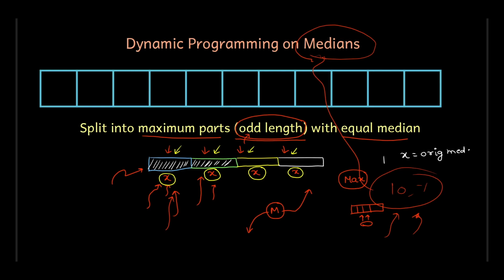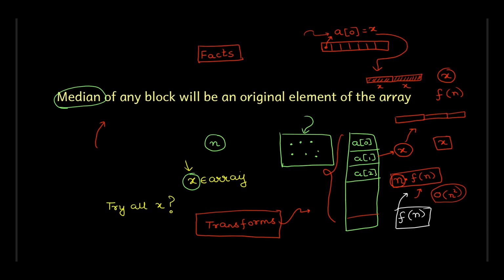And in binary search, even though in this problem we said that x does not need to be tried for all the elements of the array, in some problems x might not obviously be the median of the original array, but you have to remember that the median of any block or any set resides inside the set. So you can actually do some binary search for the median and solve some problems.